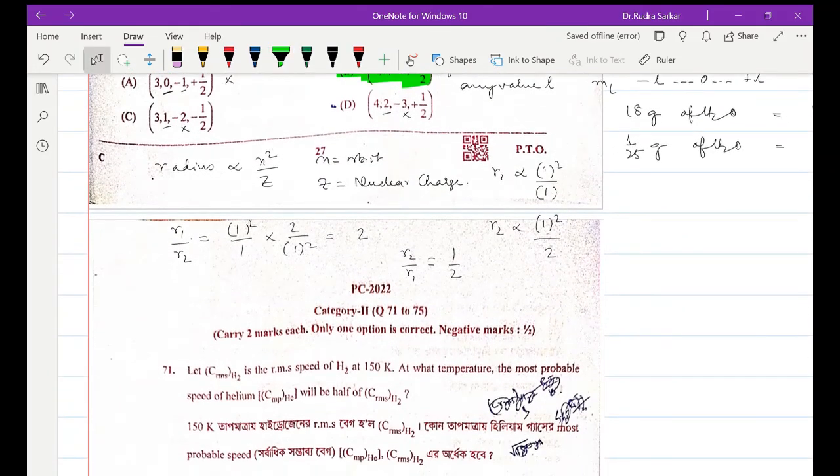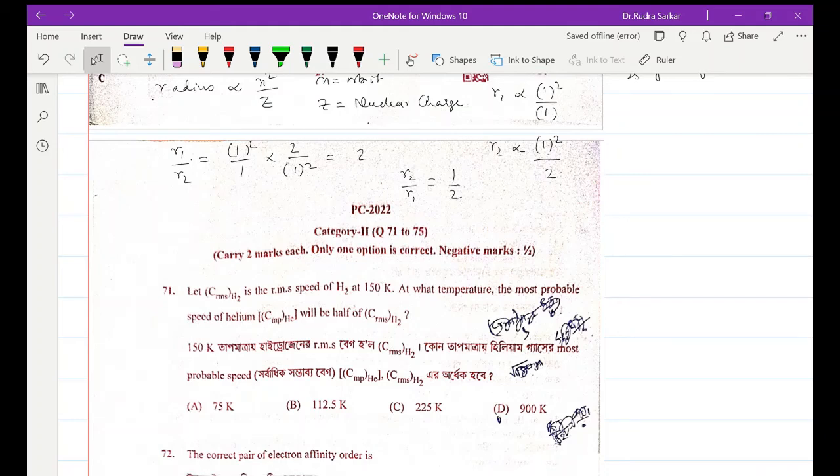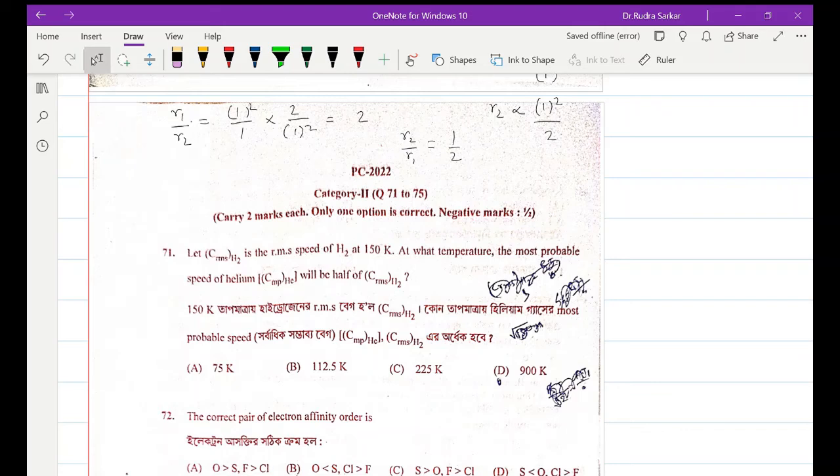Next, we have been given, let the C_rms speed of H2 at this much temperature, that is 150 Kelvin, at what temperature the most probable speed of helium will be half of the C_rms? We have to find out.